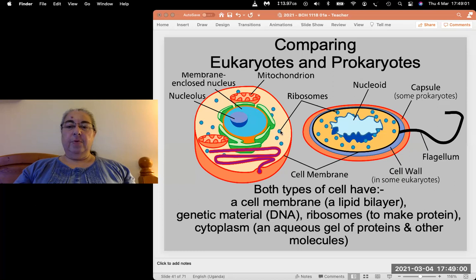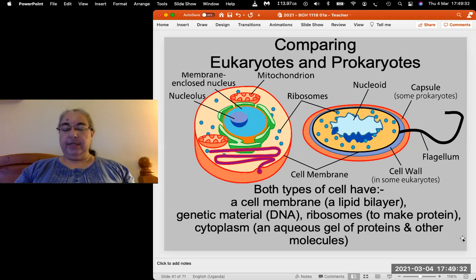We'll be learning more about proteins and ribosomes soon. Both types of cell have cytoplasm, which is the aqueous material inside the cell, made up of water and lots of things dissolved in that water. So lots of things are similar between eukaryotes and prokaryotes.